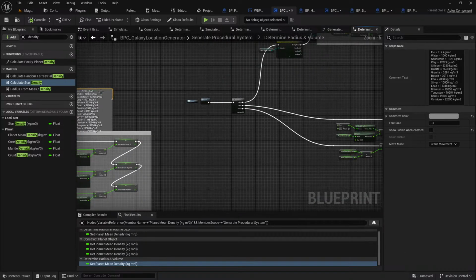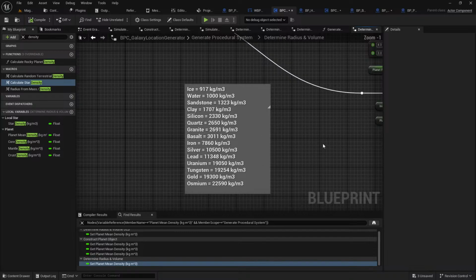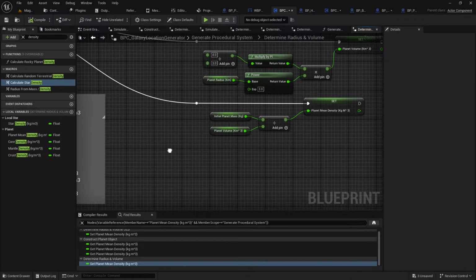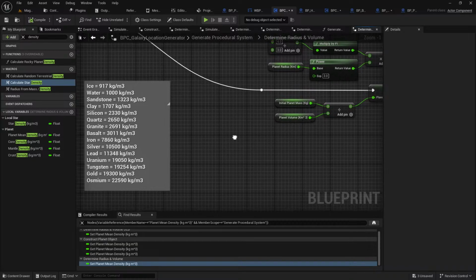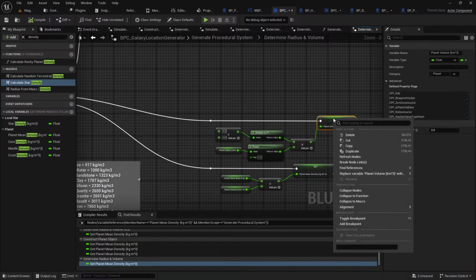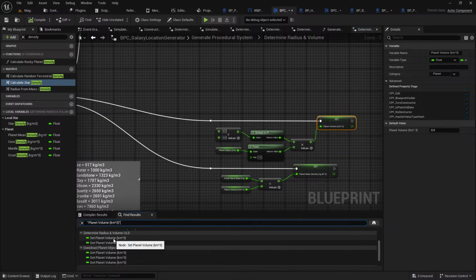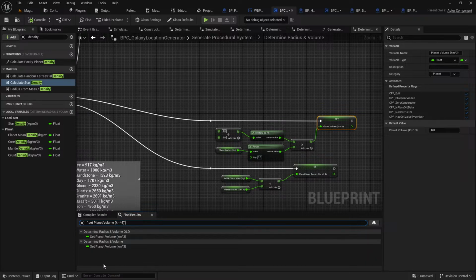Funny enough, I made myself a handy table of densities just to get myself on track. Right, let's see where we're setting this.